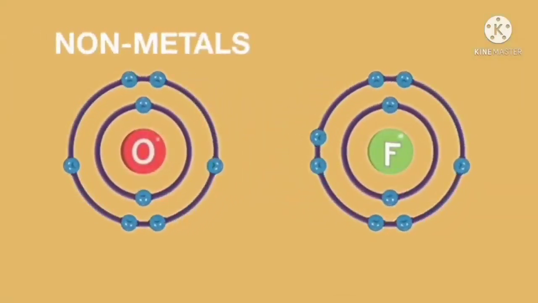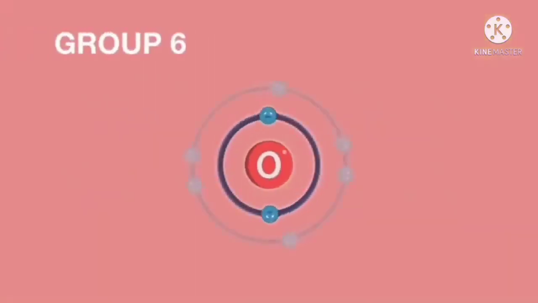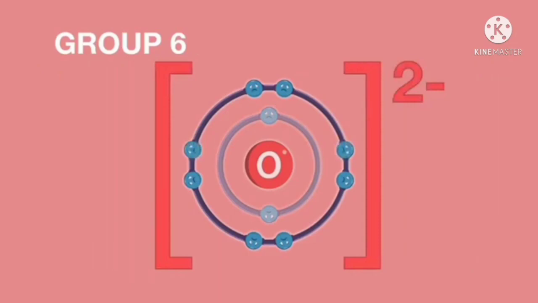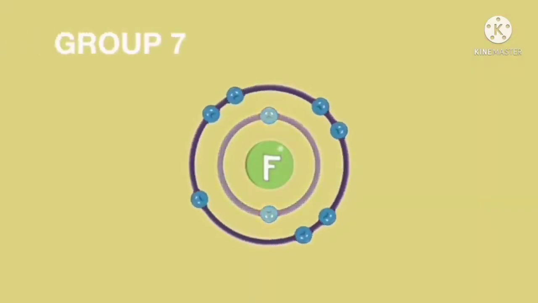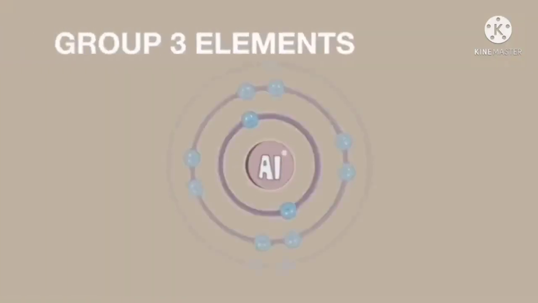They will gain electrons and acquire negative charge. So they are anions. In group 6 you have oxygen. Oxygen is a non-metal, so in order to stabilize, it gains 2 electrons in the outermost shell and acquires negative charge.